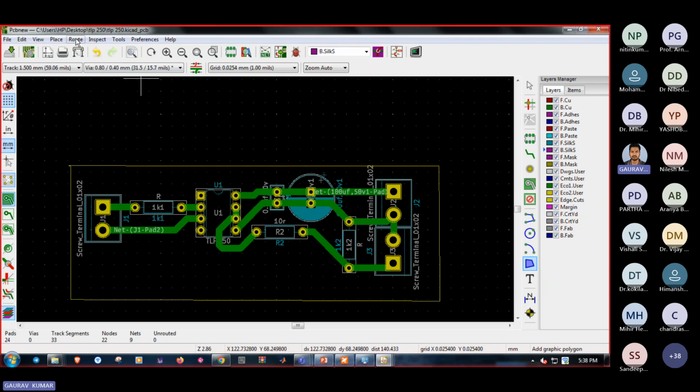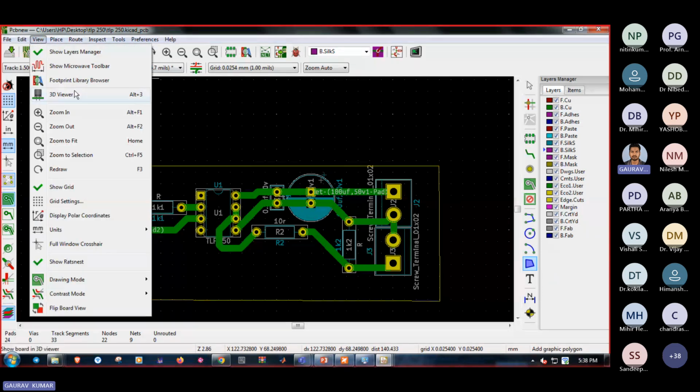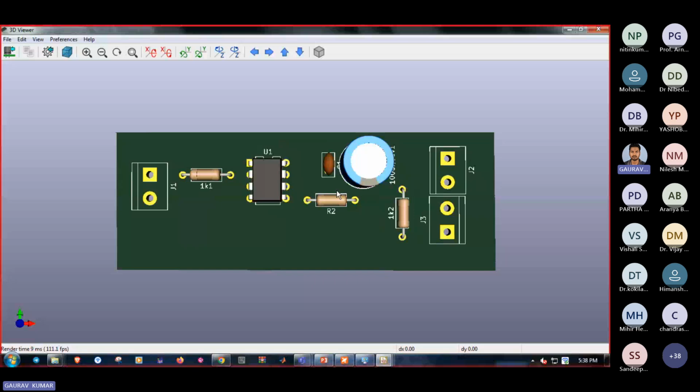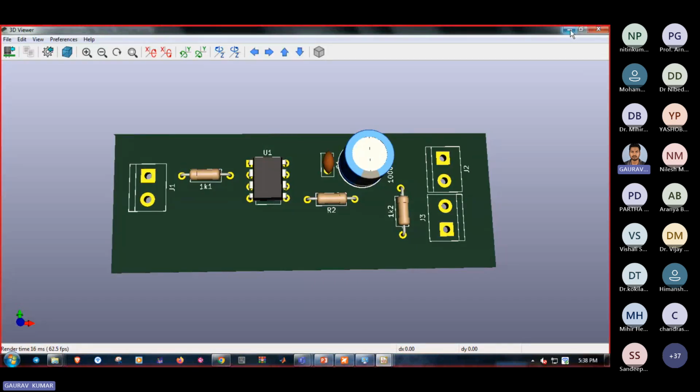Then the PCB is made. You can view it in the view section, 3D viewer. You can see this is the PCB which is made.